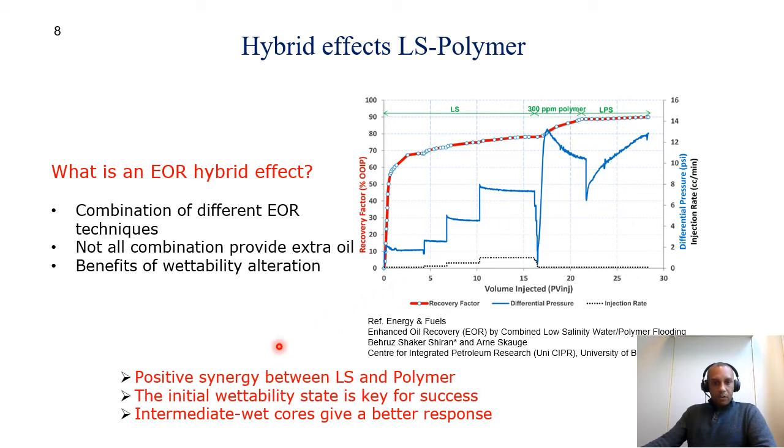In this type of flood, the positive synergy between the low salinity and the polymer is very efficient. Apparently, the initial wettability of the cores is key for success in the deployment of these floods. Arne Skauge in this work also found that intermediate-wet cores give a better response to this type of method.